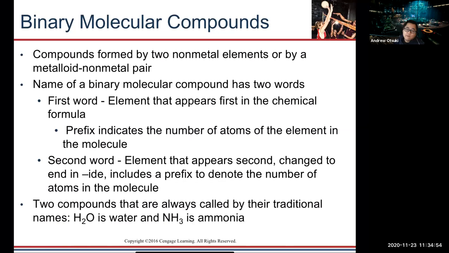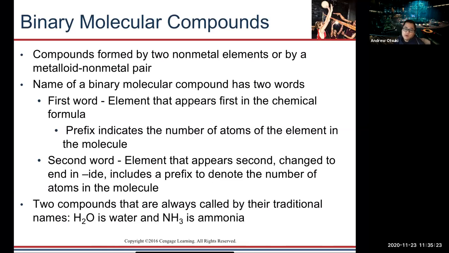We have prefixes that we use to indicate how many of a certain element is in the chemical formula. And then the second element is where we change the name of the element. So for the first element, we keep the name, and we may have a prefix. For the second element, we usually always have a prefix, and the ending of the name changes.